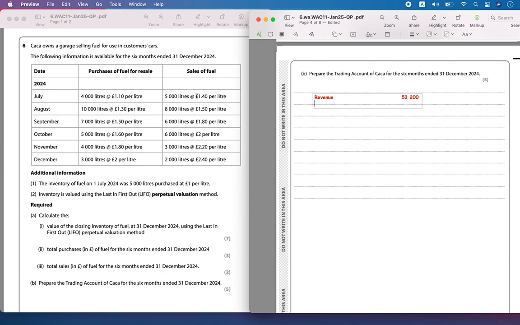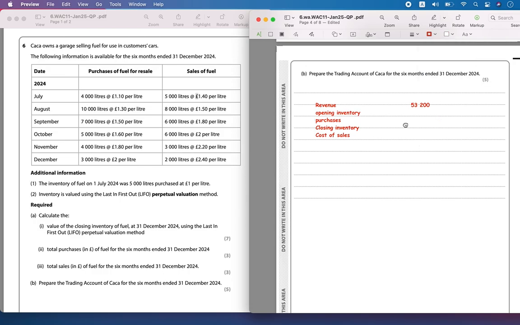Then we have the cost of sales, which is the opening inventory plus purchases minus the closing inventory.